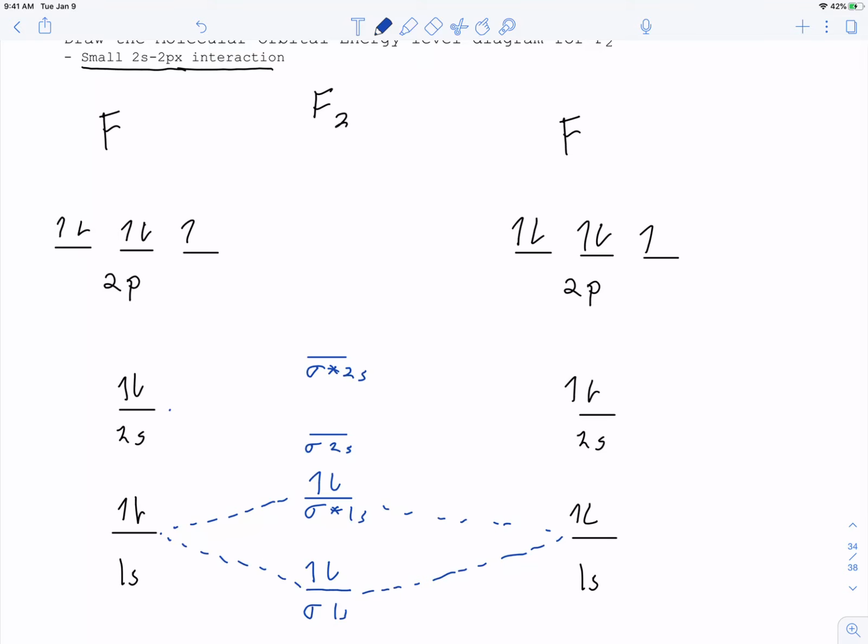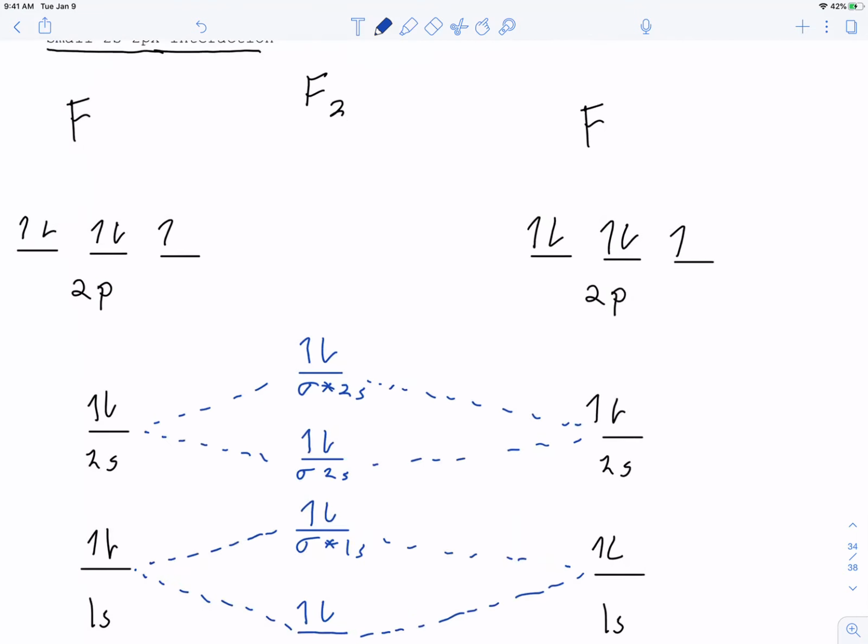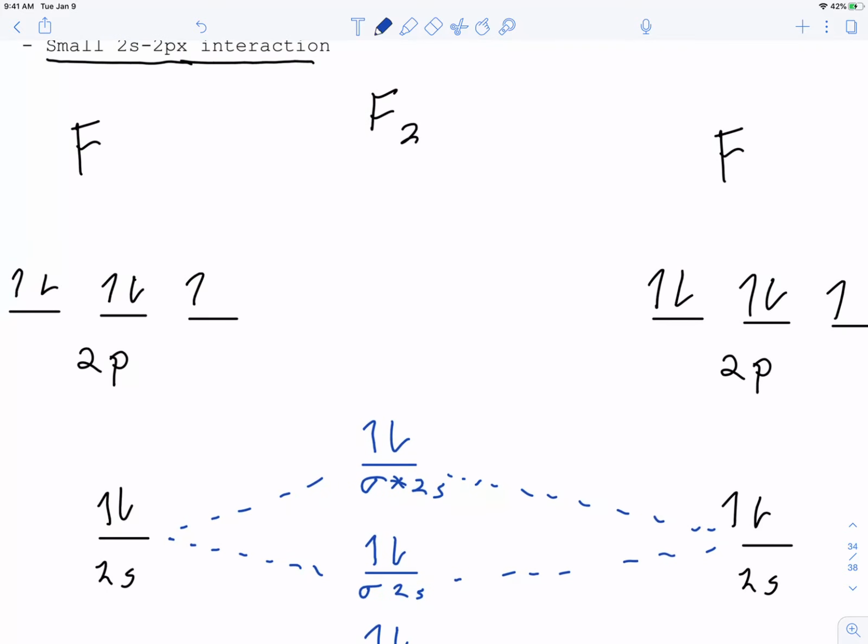All right, then next we're going to do the same thing for our 2s. We're going to take one from each of the fluorine 2s's, put them on the sigma, the bonding, and then same thing for the anti-bonding. Okay, so far we have no bonds. Everything is canceled out. This is where it starts to get a little bit complicated.